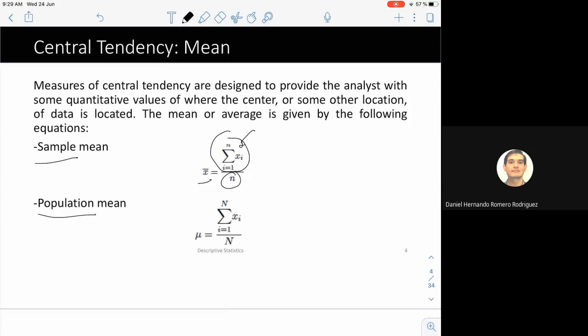Now, if we're using the population information, that means we're including the whole set. In that case, we use mu to represent the population mean parameter. But again, the equation is pretty much the same. It's just the sum of the individual observations divided by the number of observations. That's how we get the mean, which most of you know as the average value.